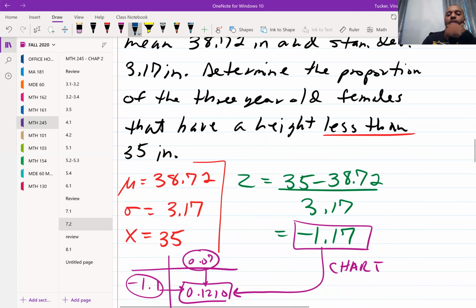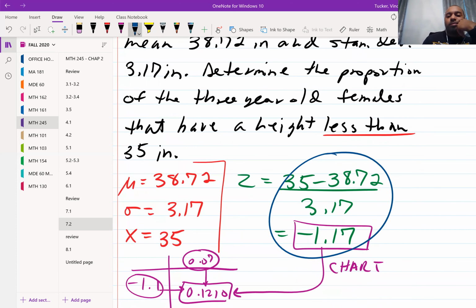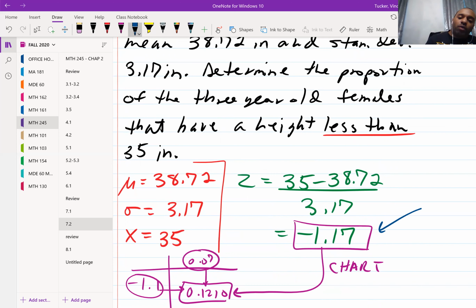All right, find your z-score. 35 minus 38.72 divided by 3.17. So it's your data value minus the mean divided by the standard deviation. And that gives us negative 1.17.